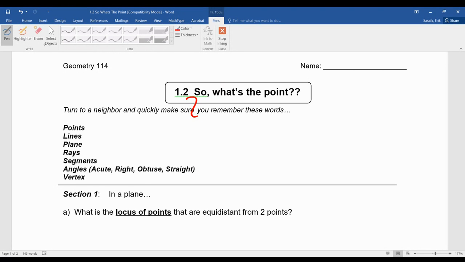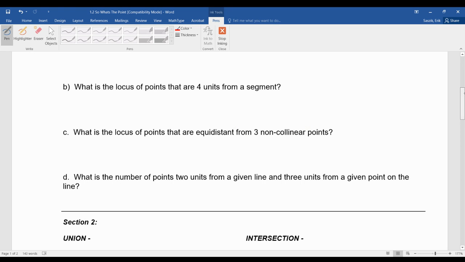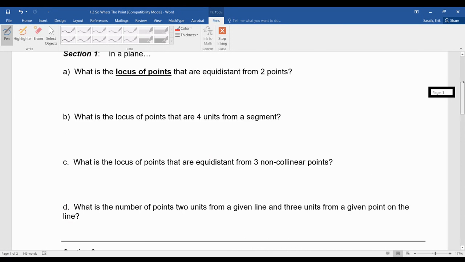Please spend a little bit of time, not a lot, in your iBook, section 1.2, just to refresh your memory on these things. It gives you some definitions there. I think most of you will spend a few minutes and realize that you're okay.